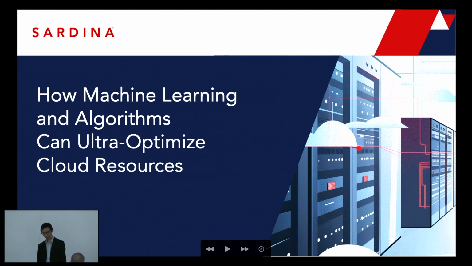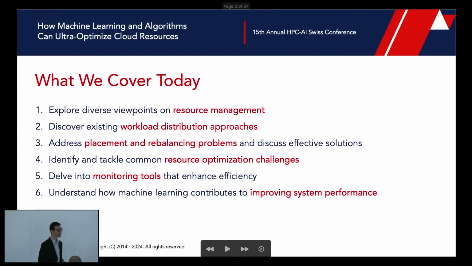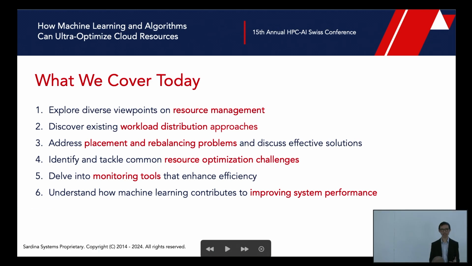So today, I want to talk to you about managing cloud infrastructure and what we do to increase efficiency and increase reliability on these systems. Resource management in cloud shares some similarities to what we see in traditional HPC, but also has some differences.